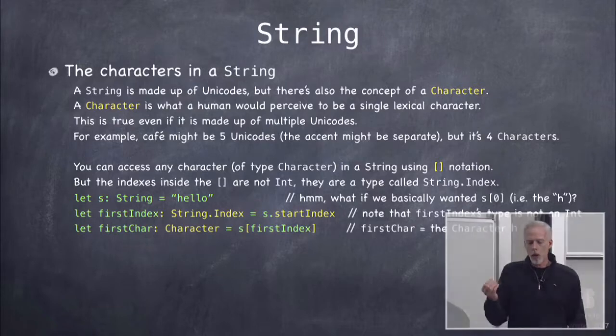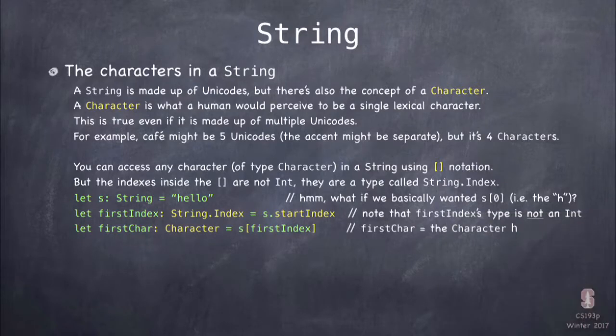Well, I start by using this var on string called startIndex. It gives us a String.Index. It's very important we get a hold of a String.Index because the way we're going to move around in a string is by taking an index we know and moving forward or backwards by character, by human understandable character, not by Unicodes because we don't know how many Unicodes there are per character, but by character we're going to be moving back and forth.